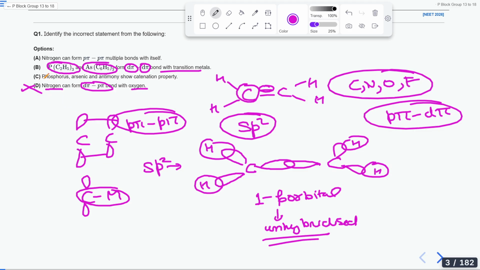Now, what about this statement? Phosphorus, arsenic, antimony, they can show the catenation property. Is it true? So, which species can show the catenation property? How will you identify that?